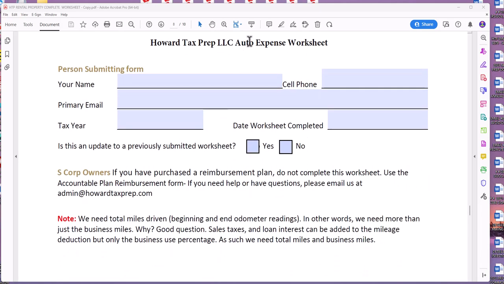Now, on page 8, we have included a Howard Tax Prep Auto Expense Worksheet, and this is typically for a person that's just putting a rental into service because we have found that people go back and forth to Home Depot, Menards. They may go buy appliances and furniture and different things like that.